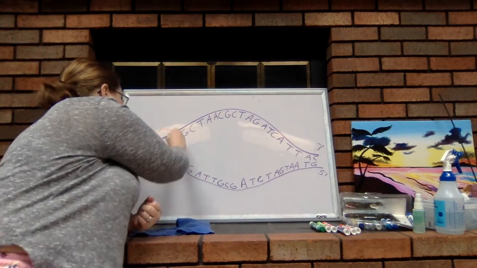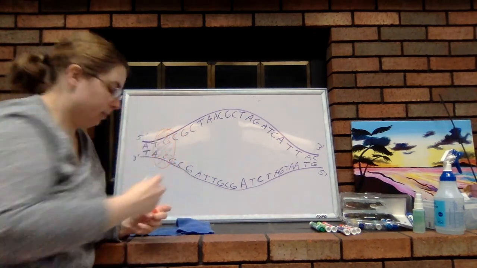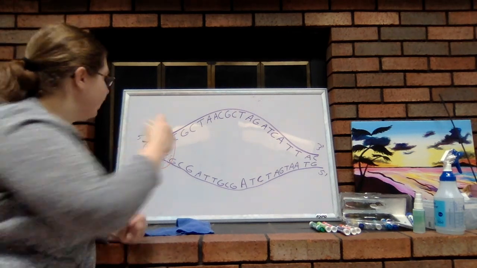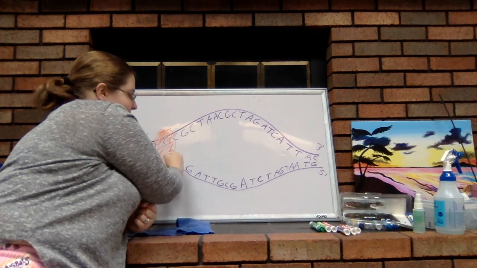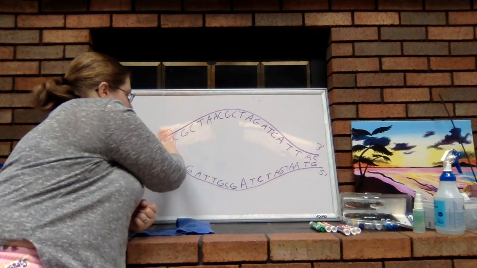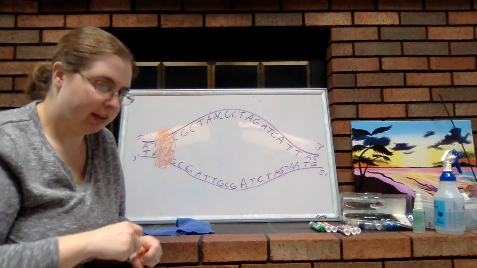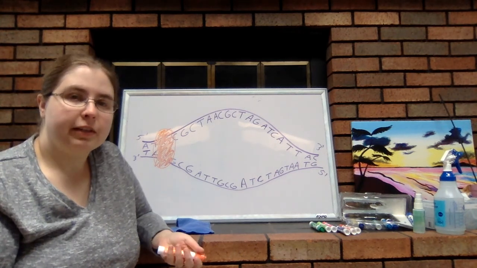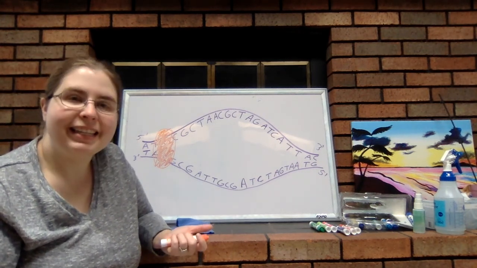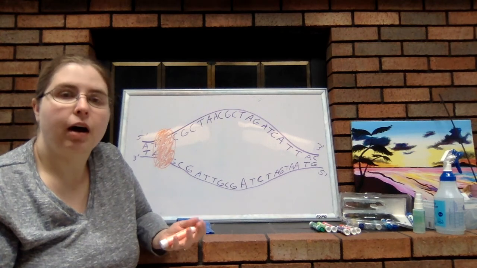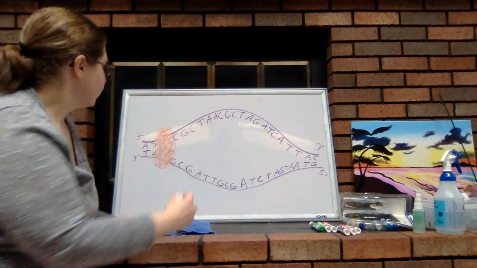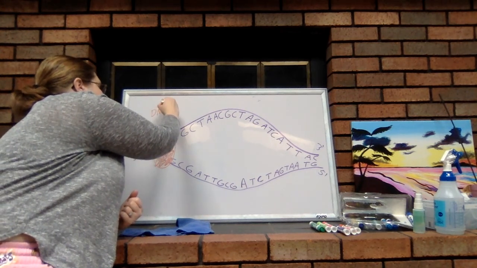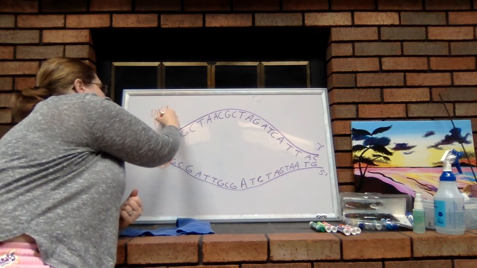It's going to come in, it's going to actually open up the double helix, and it's going to break the hydrogen bonds between the two strands. Now this particular enzyme is called DNA helicase because it opens up and unwinds the double helix. So we have DNA helicase.